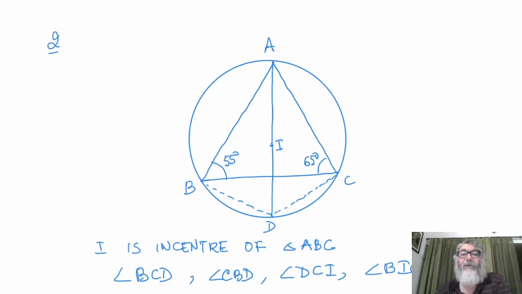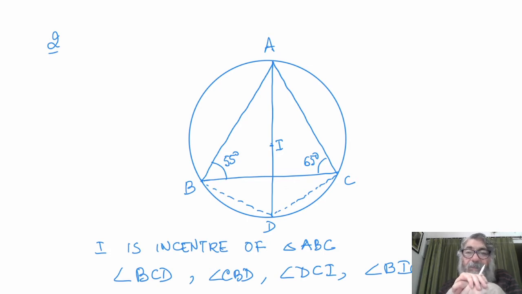Second sum is very interesting. Please understand one thing very clearly, that he has given I as the incenter. I told you that circumcenter and incenter are two different things. You have to understand the difference. If the circumcenter of the triangle is given, that usually will be the center of the circle.